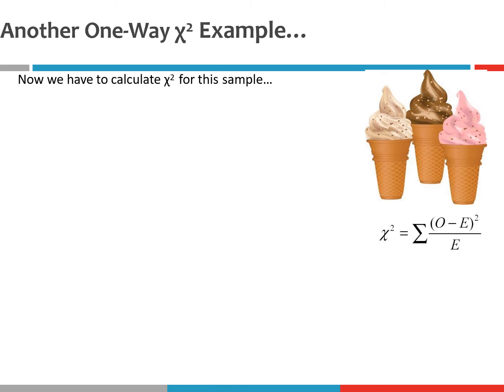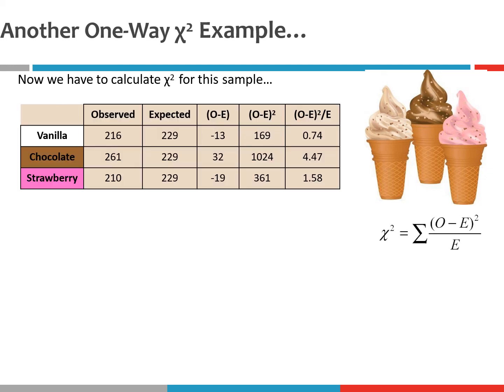Okay. So now we have to calculate our chi-square value for this sample. Well, we're going to need all of the same components in our formula. We need our observed values, our expected values, and we need to subtract the observed minus the expected for each flavor, okay?